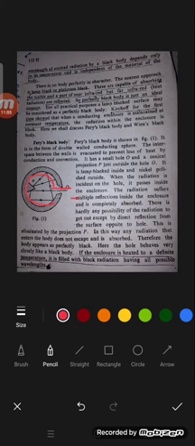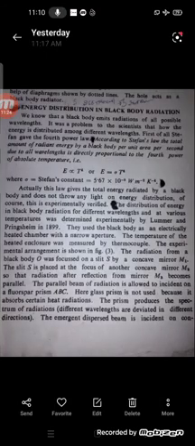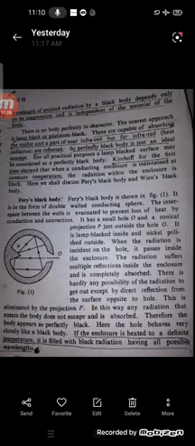From the hole, it looks like a complete black body due to the multiple reflections inside the sphere. If the enclosure is heated to a definite temperature, it is filled with black body radiation having all possible wavelengths. So this is a complete view of Ferry's black body.